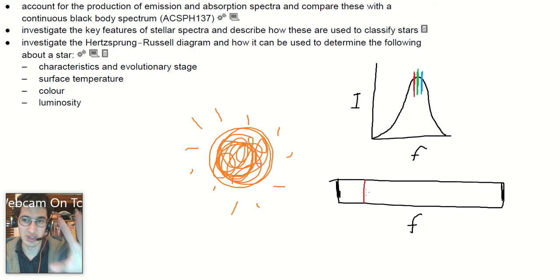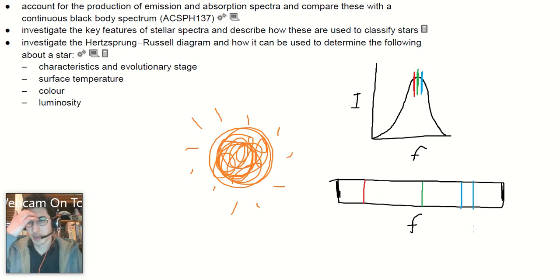It will release this red photon of light. If it's in the fourth, jumping down to the second, it's going to release this green photon of light. If it's in the fifth or the sixth, it's going to release a couple of bluish photons of light. And this is all in the visible spectrum.